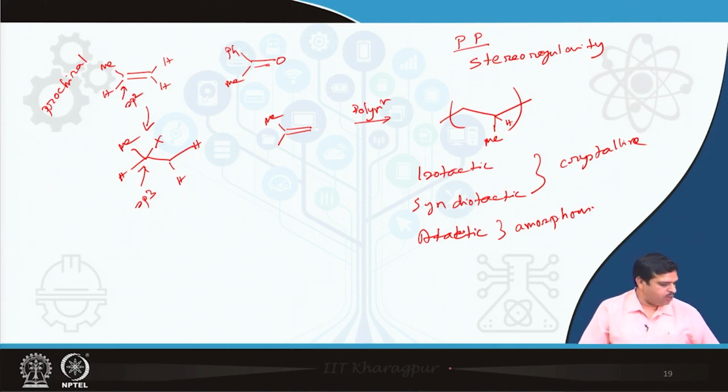Now, we will try to understand more about the microstructure and how to detect the microstructure, the tacticity, by routine spectroscopic methods. One way is proton NMR.